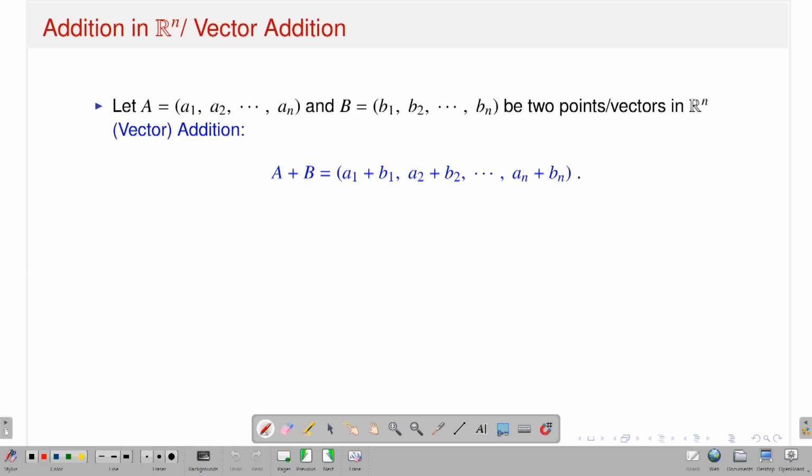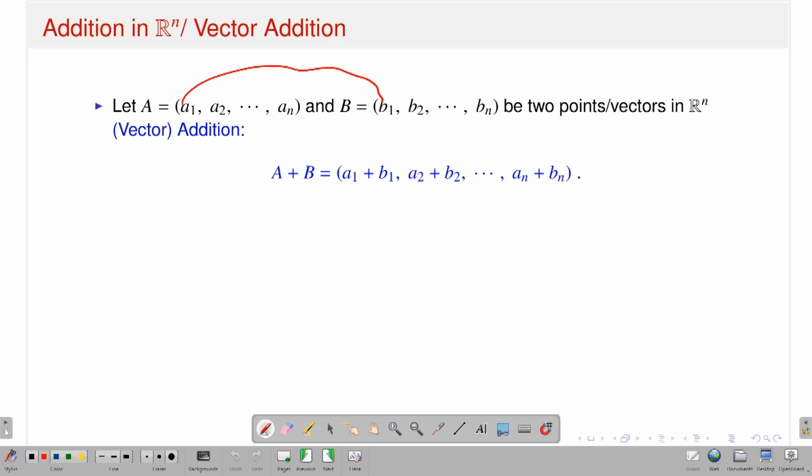On vectors, we will now introduce an algebraic operation, namely the addition operation. It is also called vector addition. Let A = (A1, A2, ..., An) and B = (B1, B2, ..., Bn) be two points or vectors in Rn. Then the addition, that is A plus B, is defined as coordinate-wise addition.